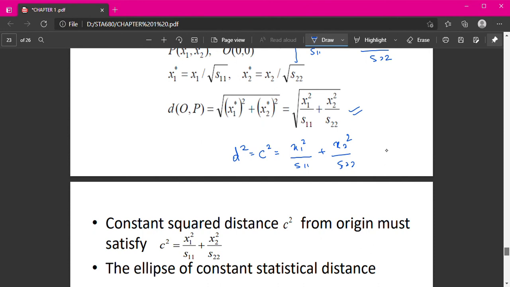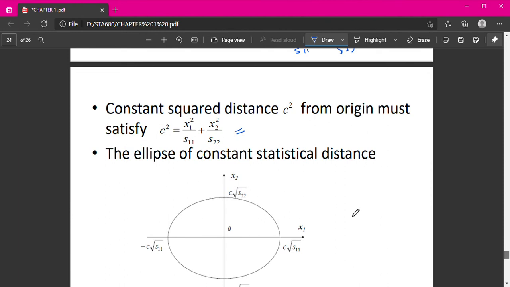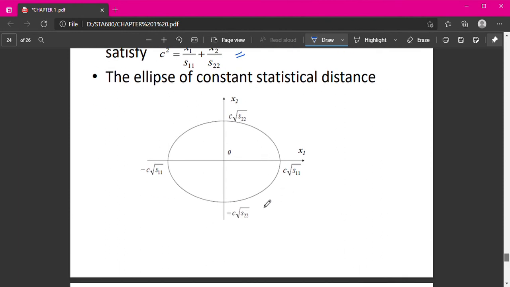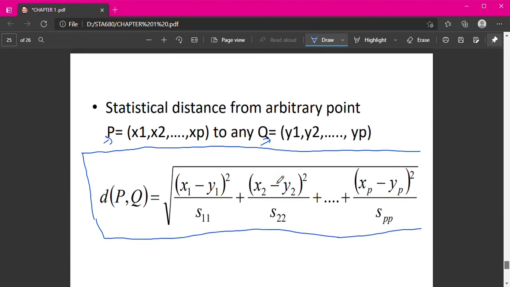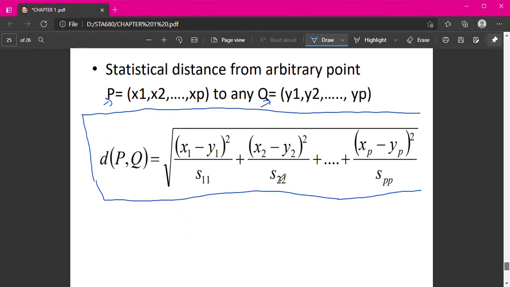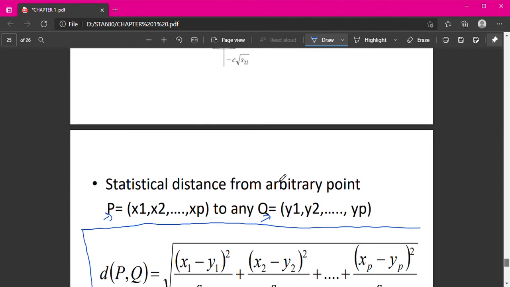Okay, and then this type dinamakan constant square distance. Okay, dinamakan constant square distance of an ellipsoid. Okay, ini dia punya illustration tadi lah, ellipse tadi. Alright, so itu beza antara statistical distance dan juga Euclidean distance.